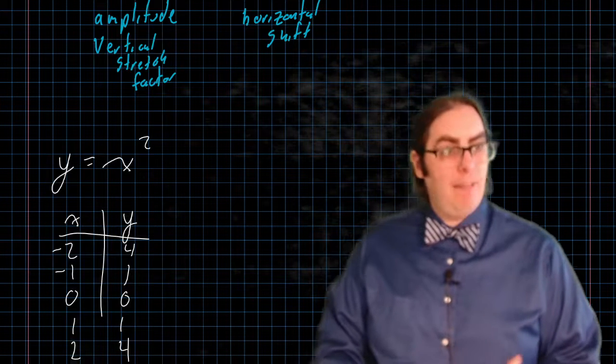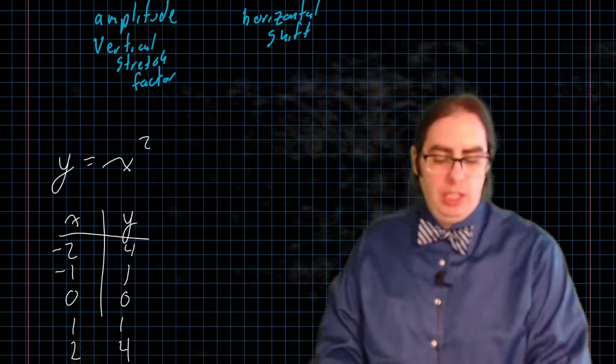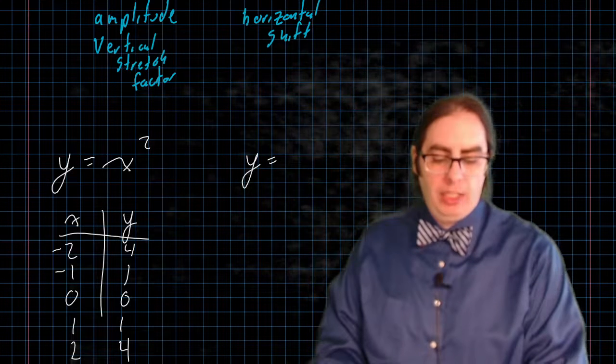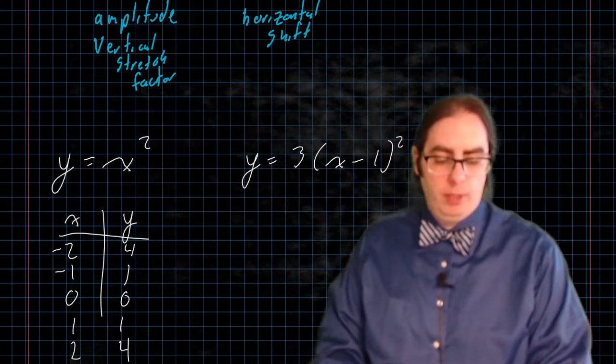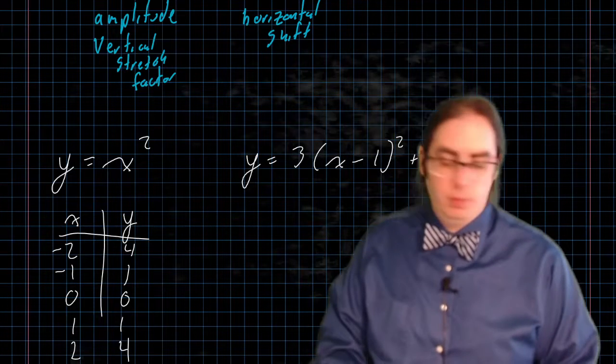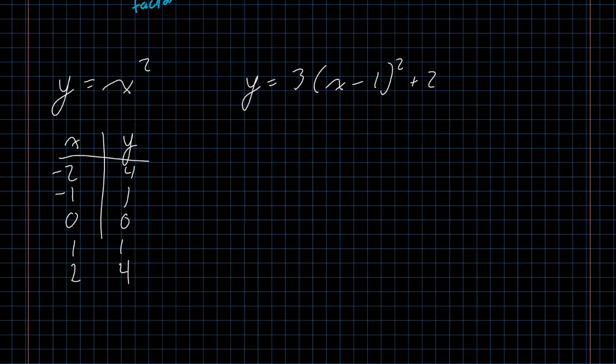And since we have that information, we can use that to our advantage if I want to graph something like y equals 3 times x minus 1 squared plus 2. Now I have to get my head out of the way. I have seen a number of different ways of thinking about how to set up this transformation. They all give us the same thing at the end.